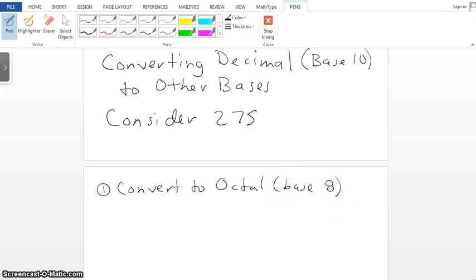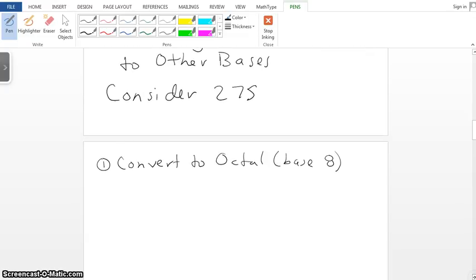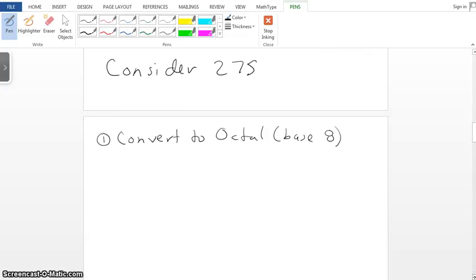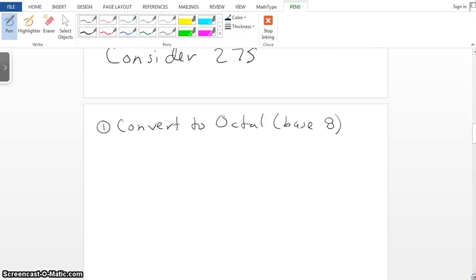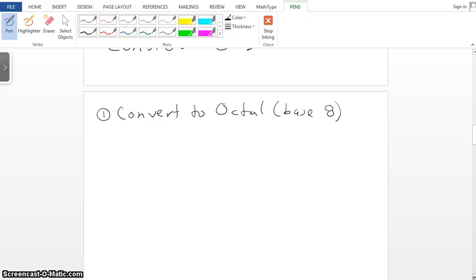There's a little procedure to follow. Remember, my number is 275, and octal uses only digits 0 through 7. So what you're going to do is take this number 275 and divide it by 8.